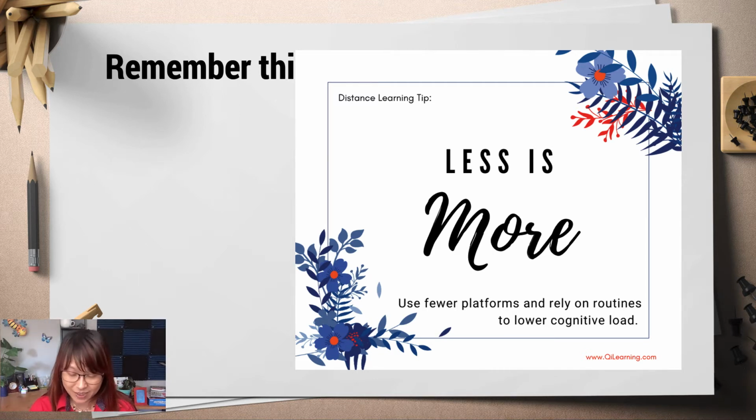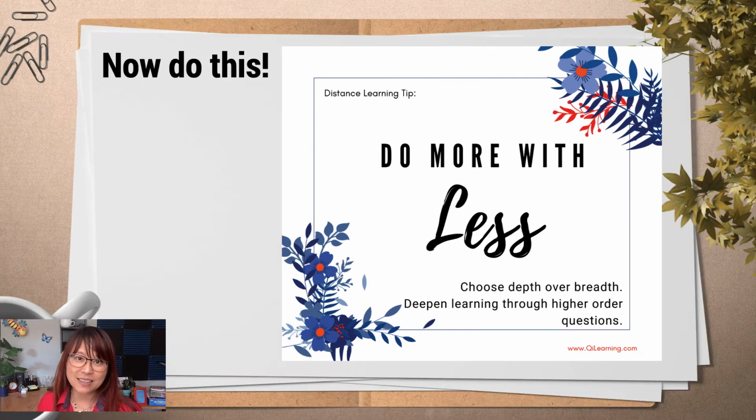But here's the converse, the corollary of that I'm going to introduce for you. Do more with less. So whatever it is that you've put on the platform, whatever information you provide, the skills is the more. What skills can kids do with the information you provide? Are they analyzing?